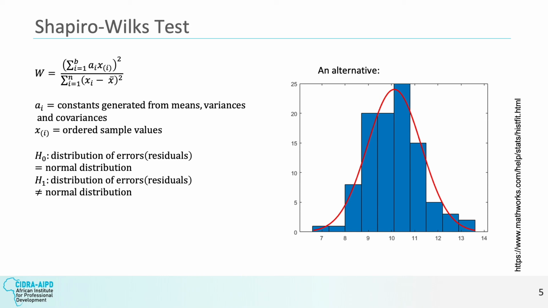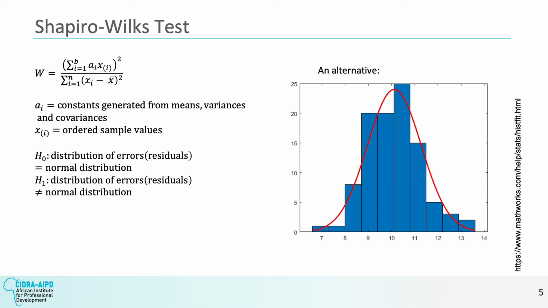In the Shapiro-Wilk test, a_i is derived from several vectors, but is essentially the constants of randomly distributed variables. x_(i), with i in parentheses, is an order statistic. The null hypothesis is that the distribution of errors, or residuals, is normal.